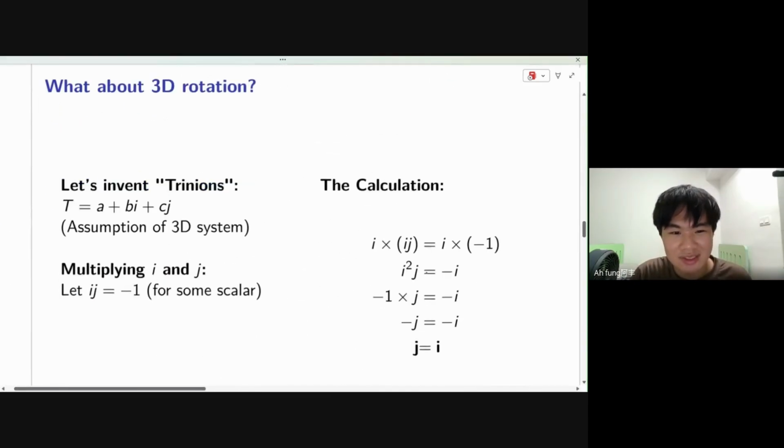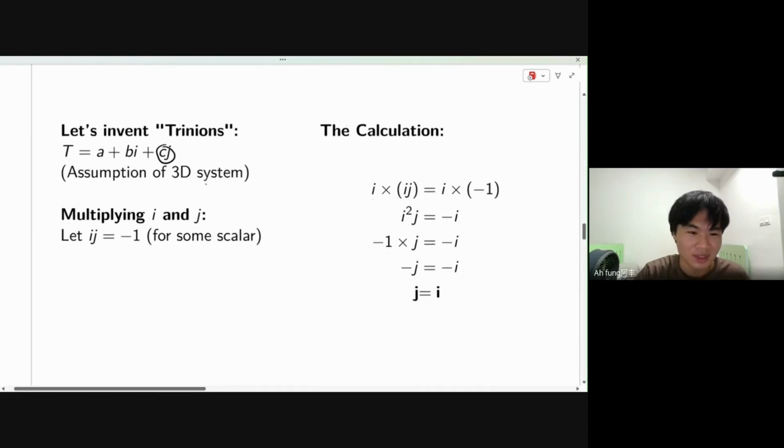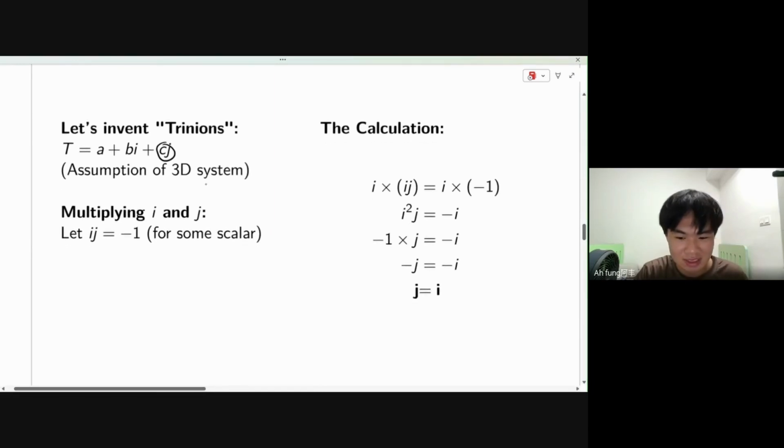What about 3 dimensions? Let's assume there is one more axis, j. I know it's wrong, but let's see why it's wrong. If there is something like j, we have to define what i multiplied by j is.